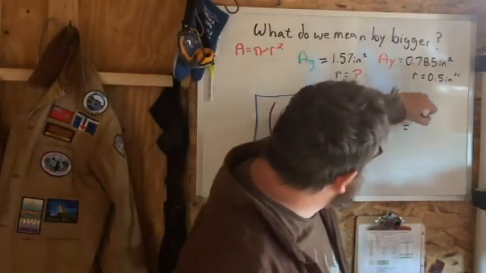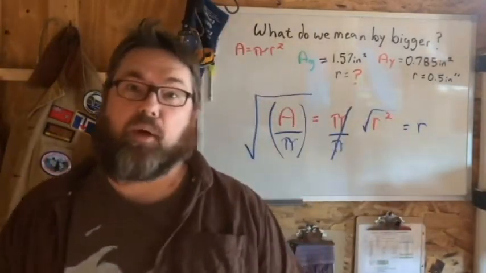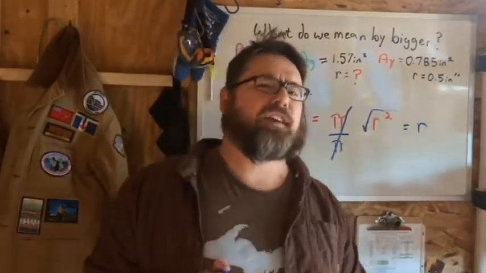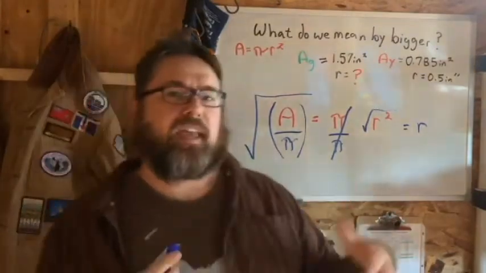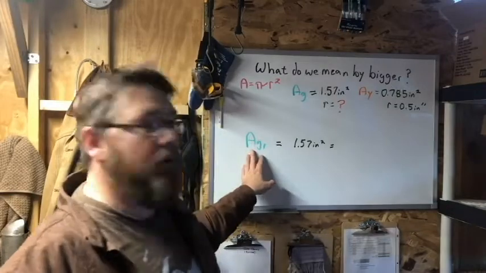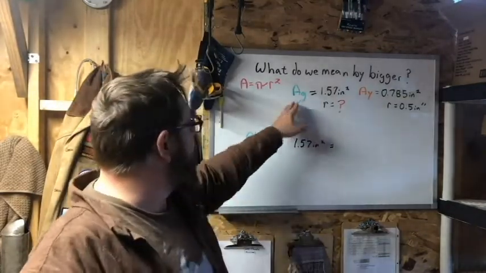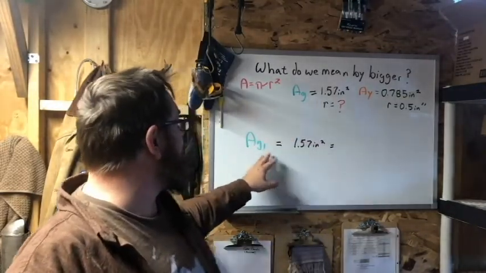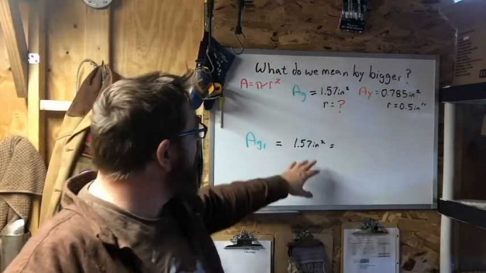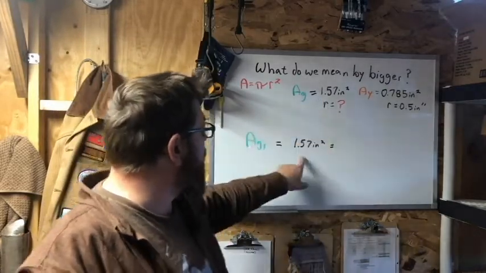And ultimately, I will just get the radius. Let's do a plug and chug here with the actual numbers in case you can't visualize this. So I'm just going to use our new area of our green Sasquatches as AG subscript 1. We have the area, we need to find the radius.